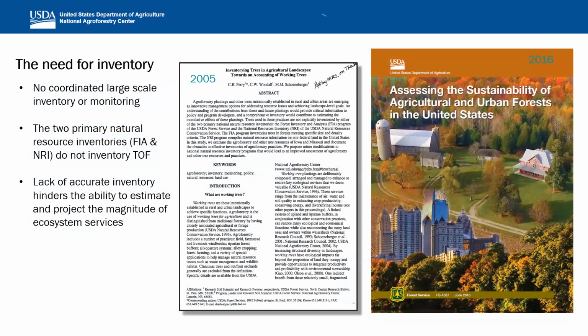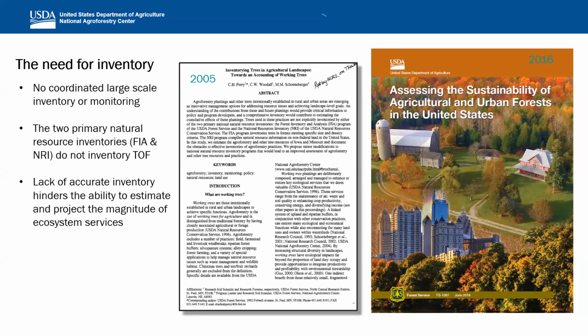There's always been a question surrounding agroforestry: how much is out there? And while there's been some work done in the past, no large-scale coordinated inventory has been done, and neither the Forest Service's nor NRCS's natural resource inventories capture these trees outside forests. And this lack of accurate inventory hinders the ability to estimate and project the magnitude of the ecosystem services these resources provide.